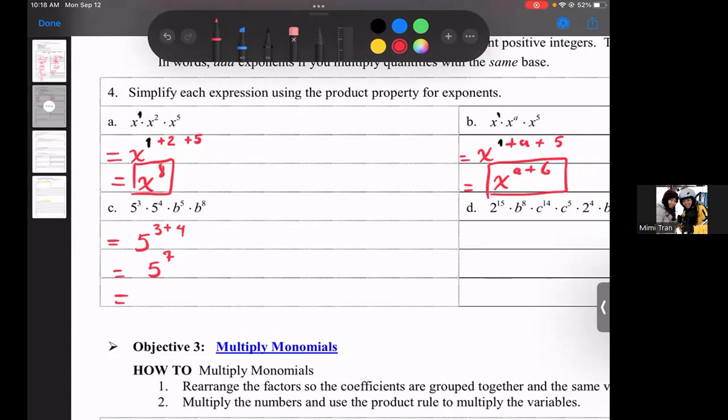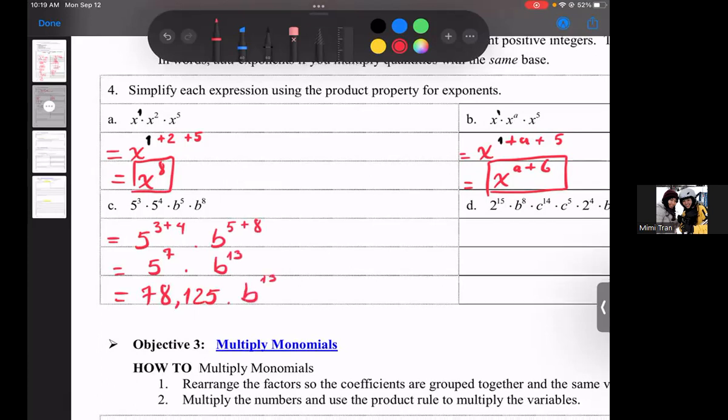Neither do I. 5 to the 7 is 78,125. Now we take care of the B. B to the 5 plus 8, which is B to the 13.